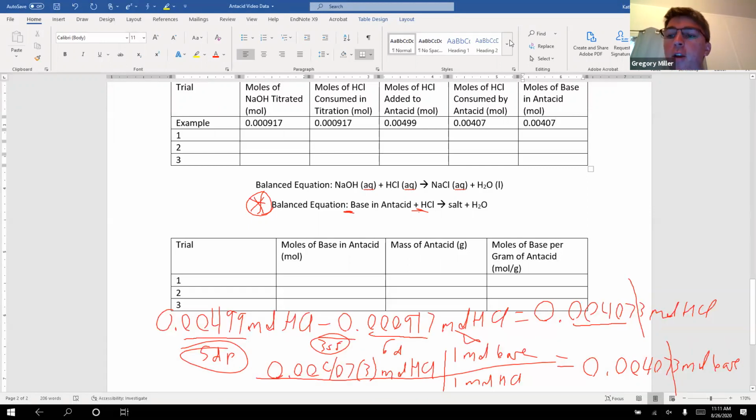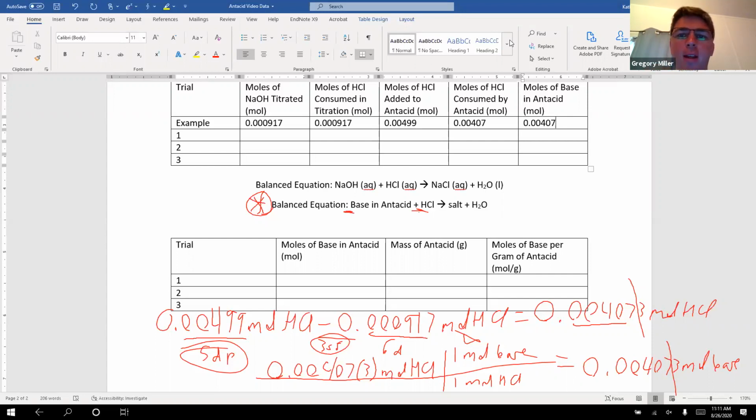Okay. So one of your post-lab questions does ask, since we do know afterwards what the reaction is, and in this case it's 2 to 1, how does that change things? What you would have to do is figure out the new chemical reaction.